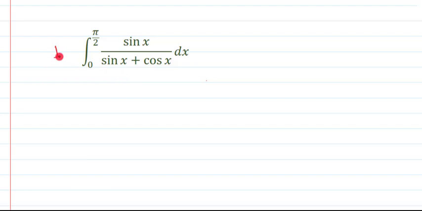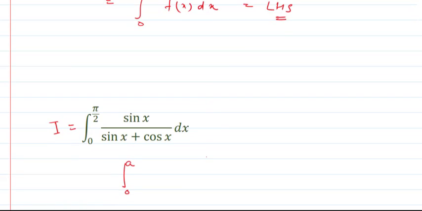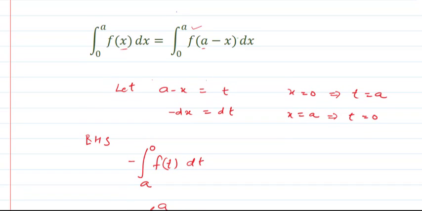Let me consider that this integration is equal to I. Now, using the property 0 to a, you should be very careful in using this property. Property number 4 that I told you is very important: the limit is from 0 to a, meaning the lower limit must always be 0. Only then can we use this property.